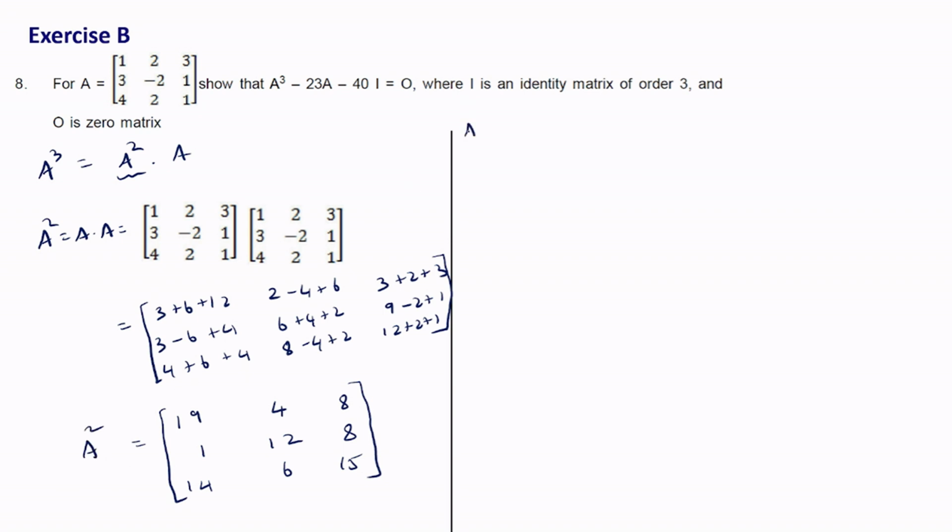Now we have A cube. A cube is A square into A. A square we just now found: 19, 4, 8, 1, 12, 8, 14, 6, 15 into A, which is 1, 2, 3, 3 minus 2, 1, 4, 2, 1.